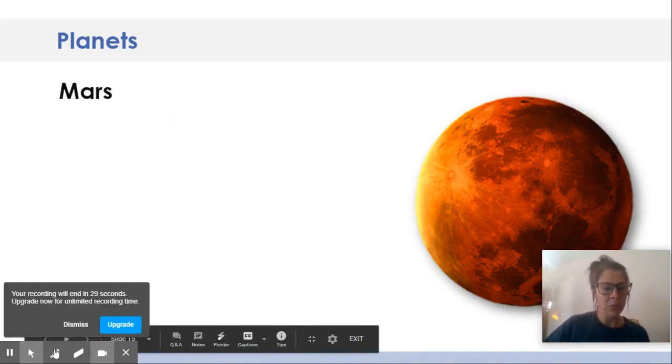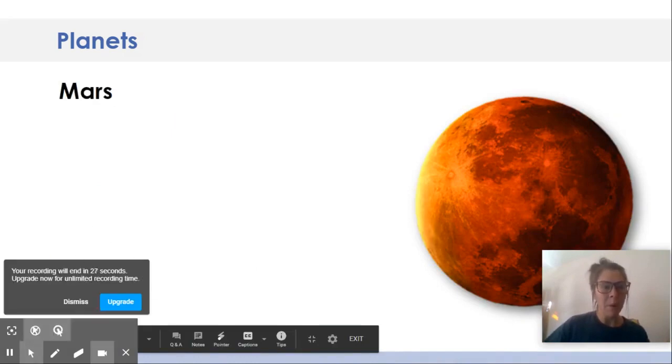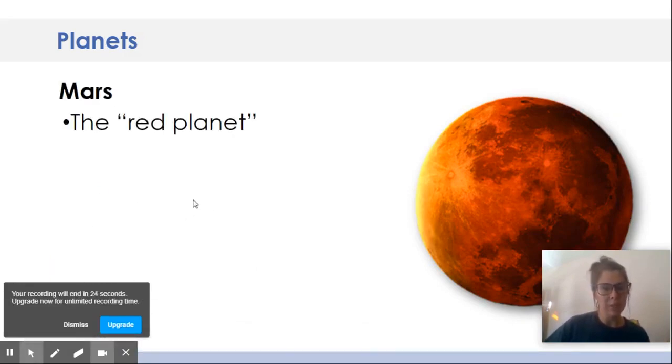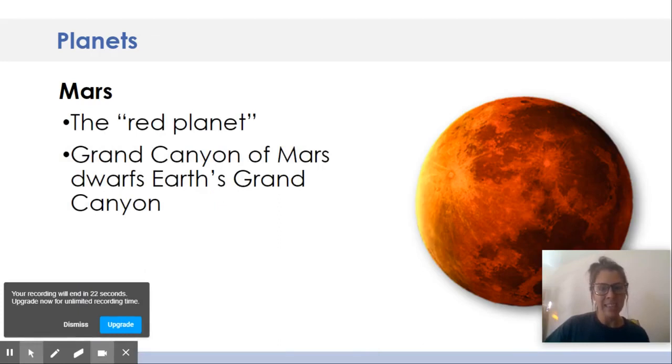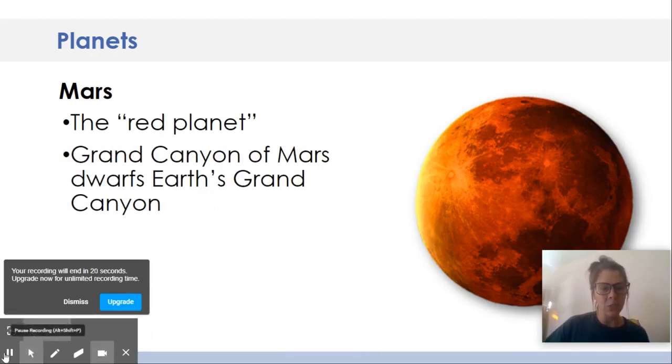Next, we'll move on to Mars. Mars is also known as the red planet. And if you were to look at surface features of Mars, they have peaks and valleys just like on Earth. There's lots of topography. And the Grand Canyon of Mars makes our Grand Canyon look like a baby. So features on Mars are much more enhanced than those on Earth.